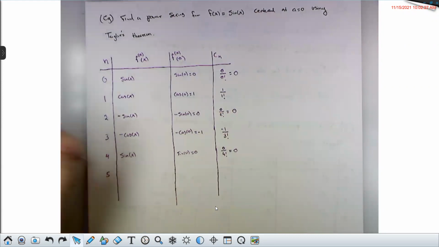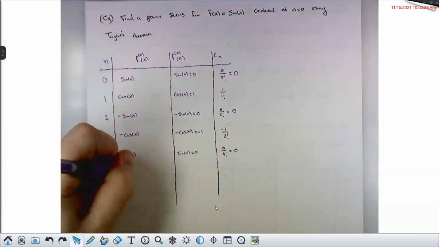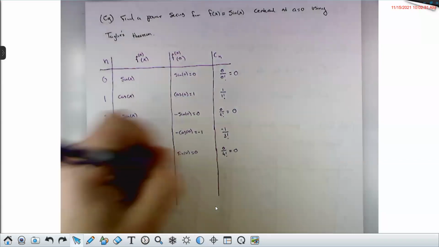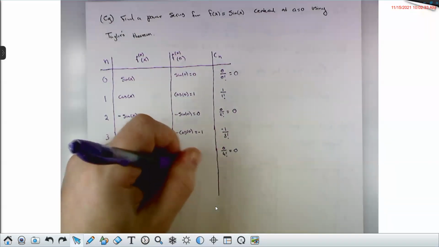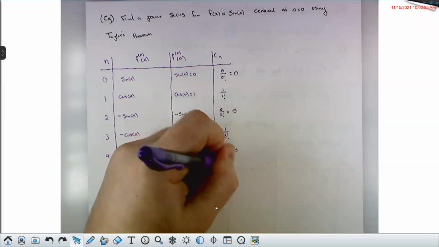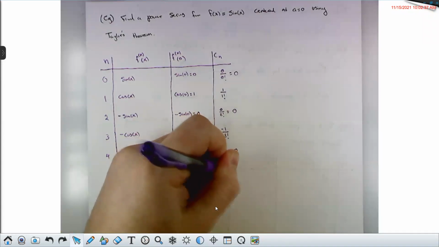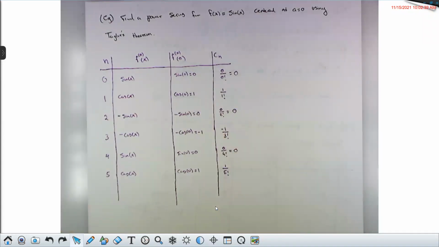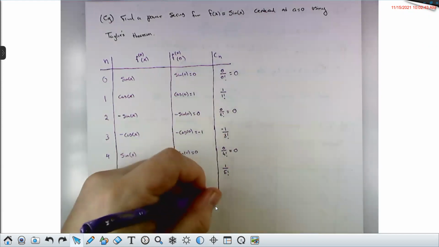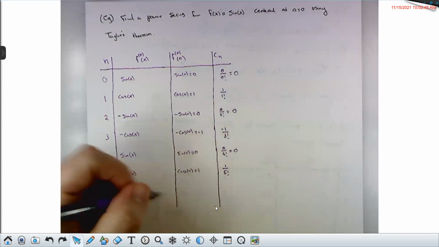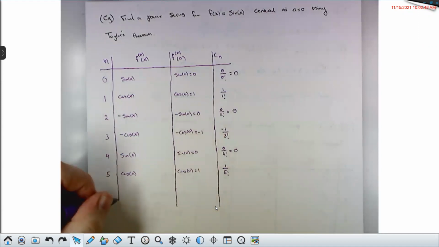When n is 5, the derivative of sine x is cos x. Evaluated at 0 is 1. So C5 would be 1 over 5 factorial. Maybe to help you see the pattern, we'll do 2 more.